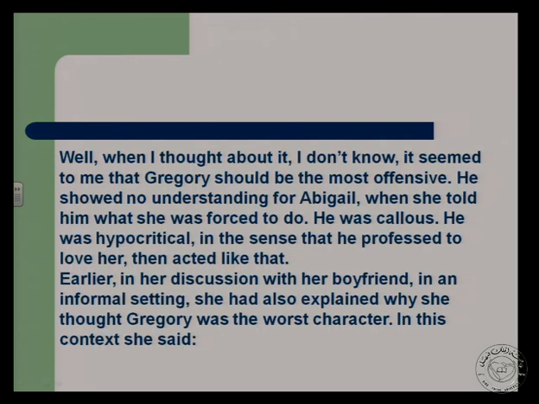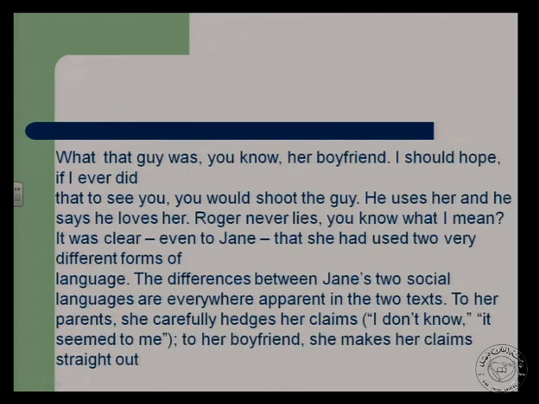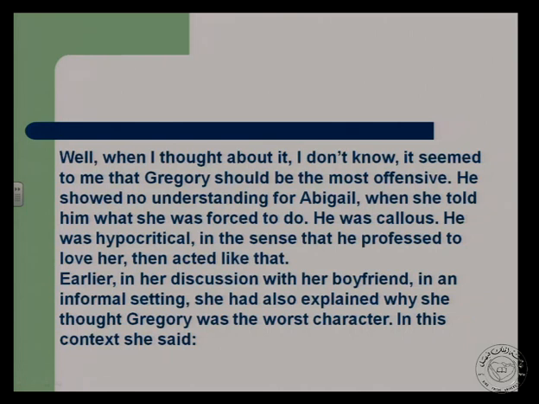Earlier, when she told the same story to her boyfriend, in her discussion with him, telling the same story that she had told to her parents, she used another social language while she was not aware of that.